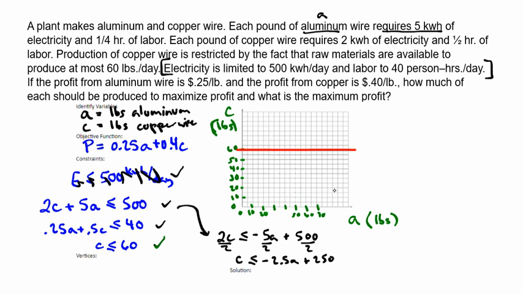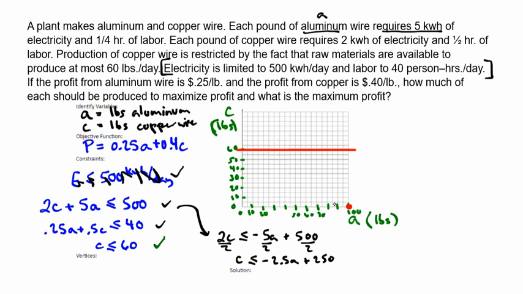Okay, so you can maybe alter your numbers here. 90, 100. But I know that negative 2.5 times 100 is negative 250, which would mean if I had 100 pounds of aluminum, I would have 0 pounds of copper. So I know that I have a point right there.